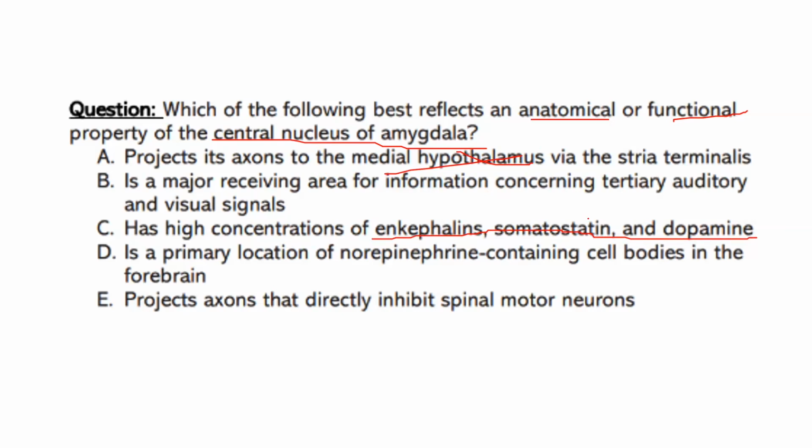You're just going to have to memorize this with brute force. But one thing you can use to memorize is that since we have dopamine here, and dopamine is the reward chemical in the brain, it's hinting that C is the right answer. The amygdala has very high levels of enkephalins, somatostatin, and dopamine. Since these are related to regulating emotions, that does make sense.